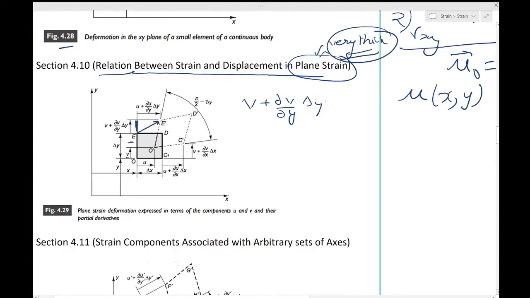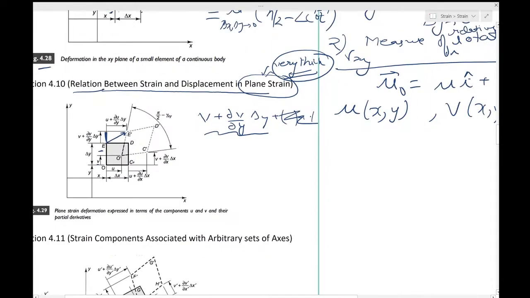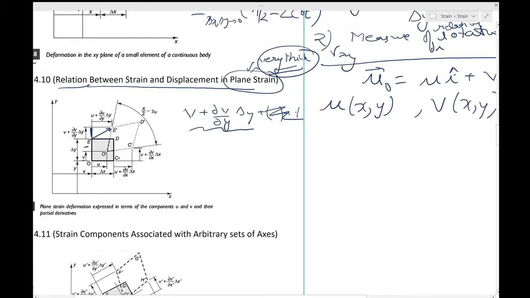Again, as I've said before, it can have higher order terms, but you ignore all that and just go with this one particular term. It is a partial derivative because u and v are both functions of x and y, as was the case in the earlier analysis as well.